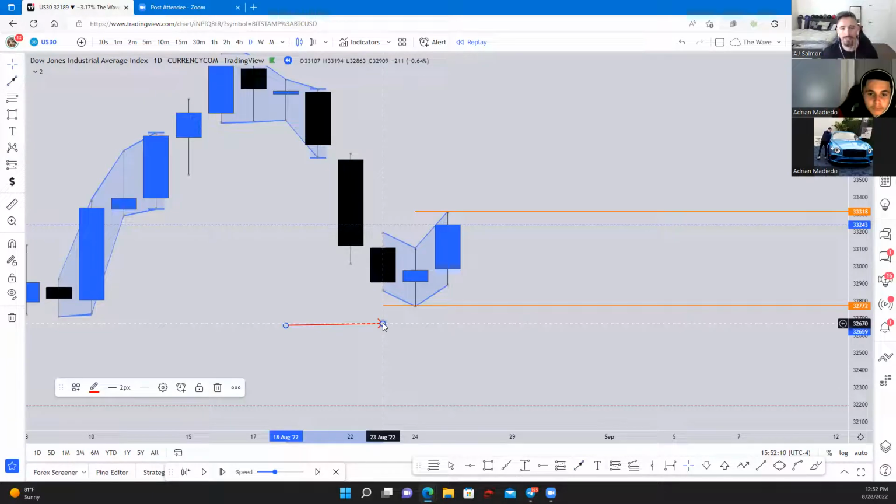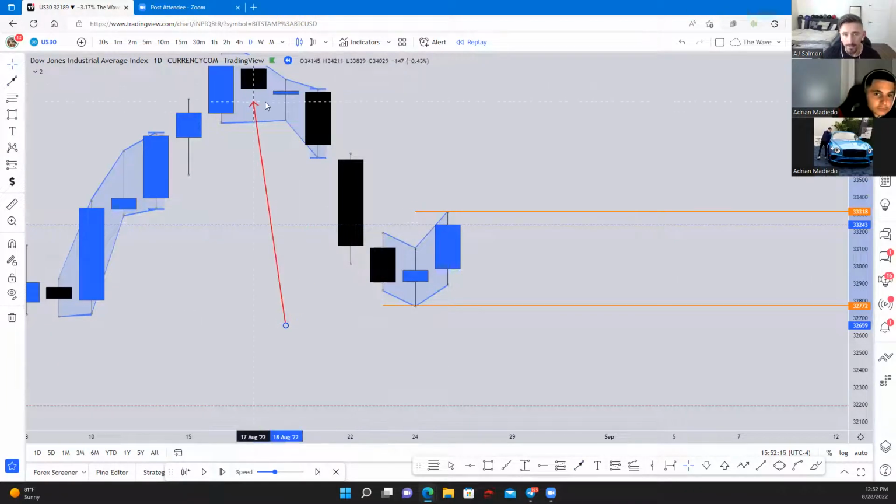Where is price most likely going to go? Since we know US30 has been in this big downtrend, this is most likely our small pullback. We'll probably take out these highs, and then continue with the trend and take out these lows. That was the idea going into Friday.